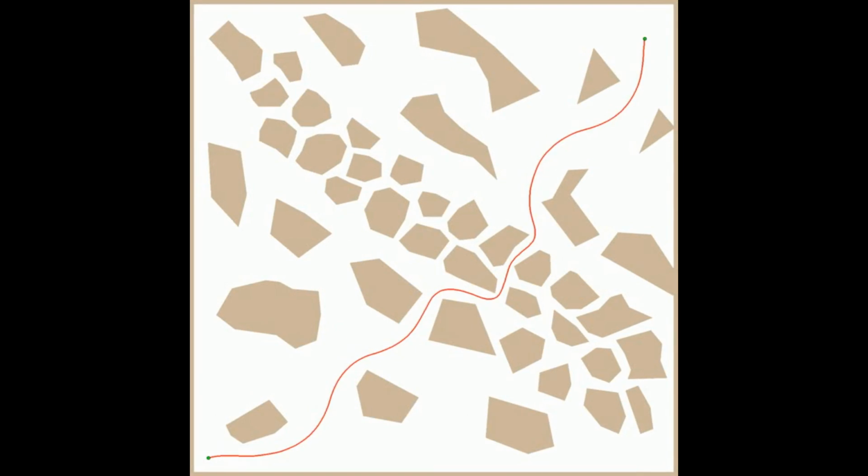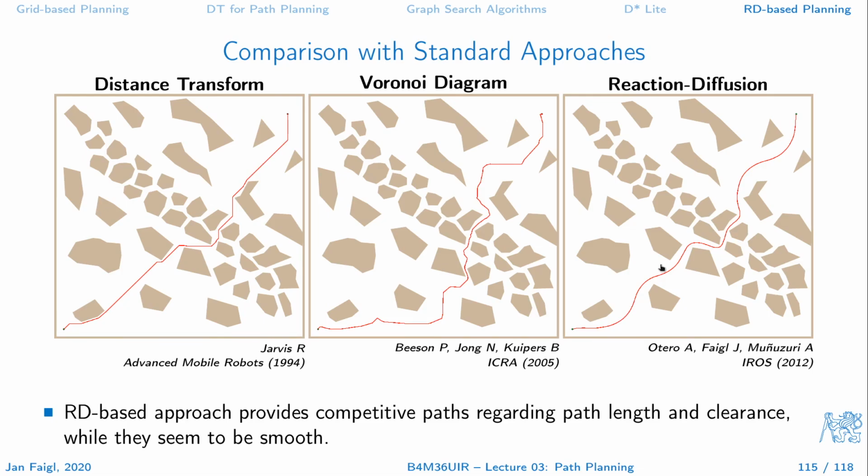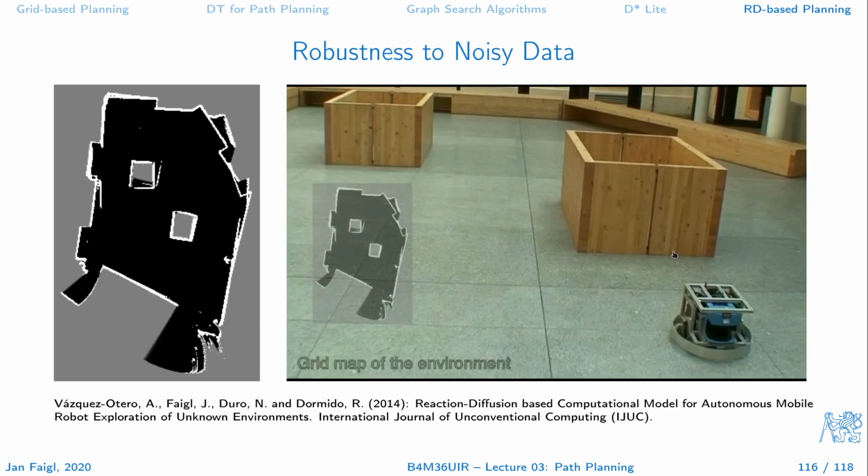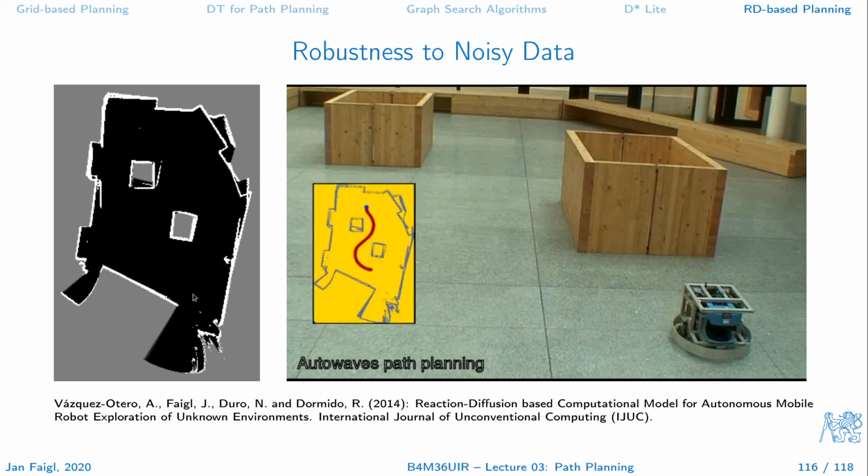To be honest, this is relatively computationally demanding, but it has the benefit that if we have a real map that is captured by sensors and it contains some noise, the autowaves are actually able to deal with this noise.